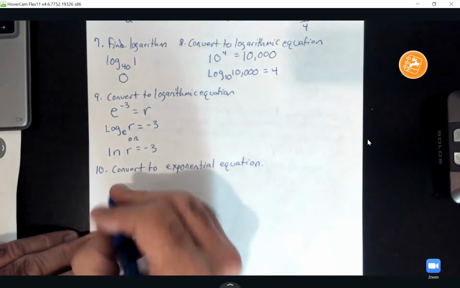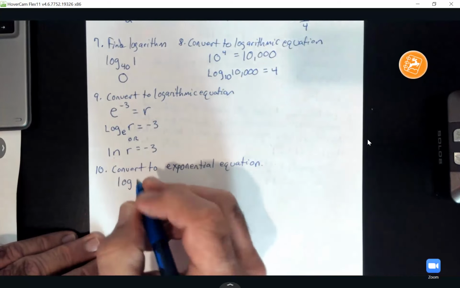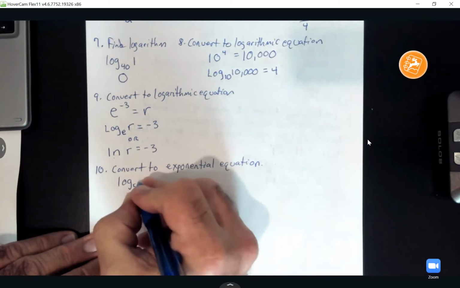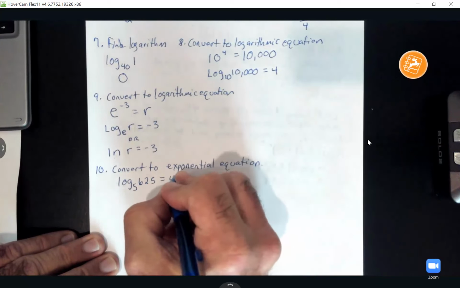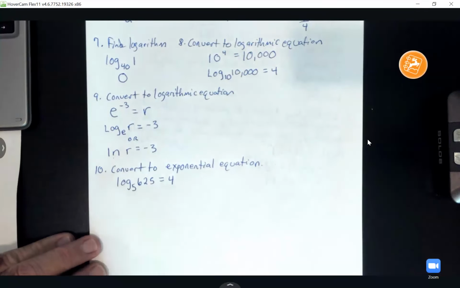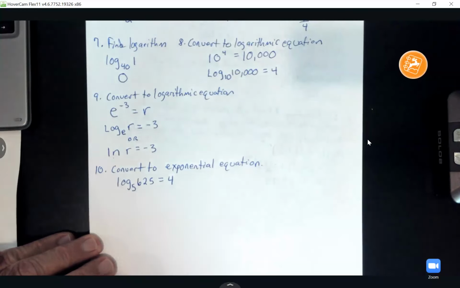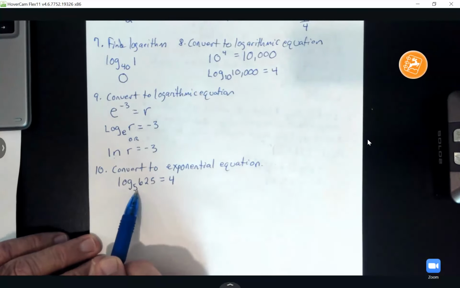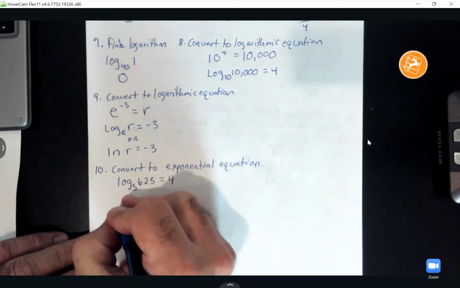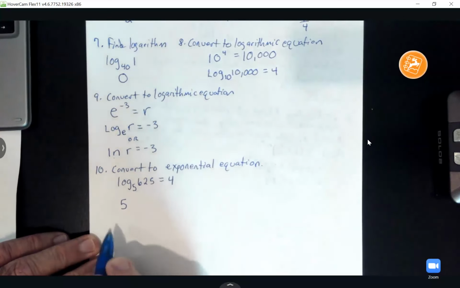All right, so for number 10, I got log base 5 of 625 will equal 4. So notice if we're going the other way, our base is the 5. So remember, the base of the exponential will be the same as the base of the log. So my base is 5.